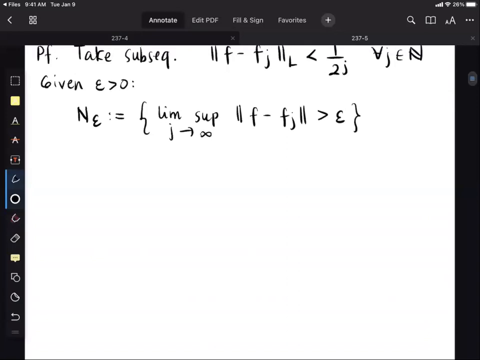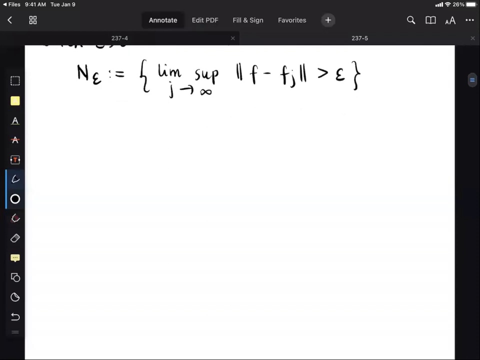By applying the definition of the limit superior, this is in fact a subset of the union, j from L to infinity, where L is any positive integer, of the set where the norm of f minus f sub j is greater than epsilon.